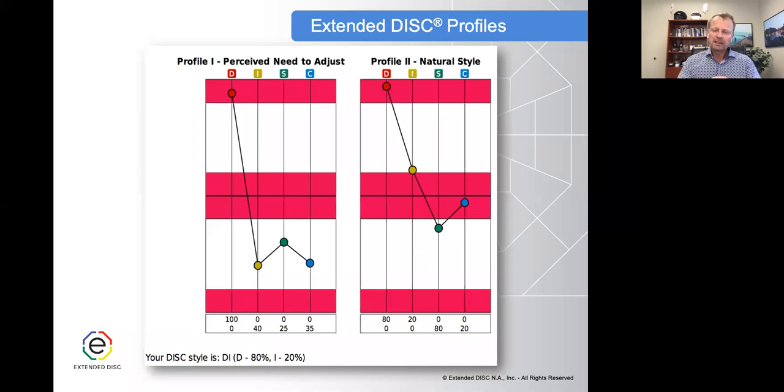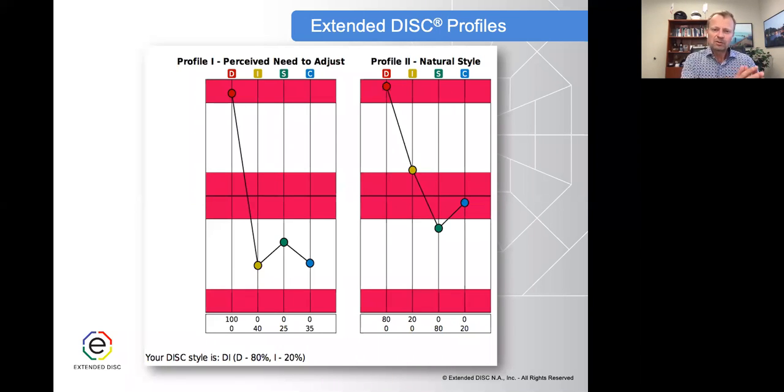The second thing is that when we look at the DISC profile in Extended DISC, a lot of the DISC tools look at each DISC behavioral style as being on a scale, from maximum to minimum, but we need to understand that there is no maximum or minimum when it comes to D, I, S, and C styles.